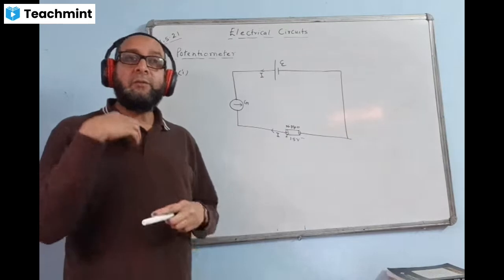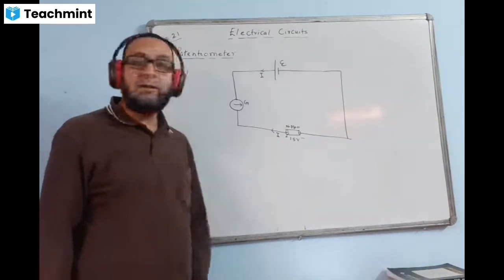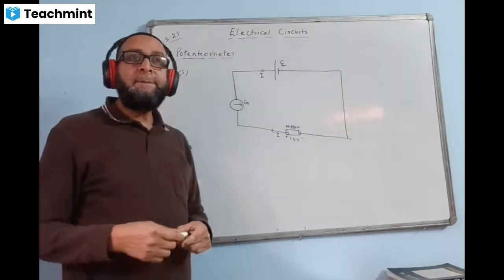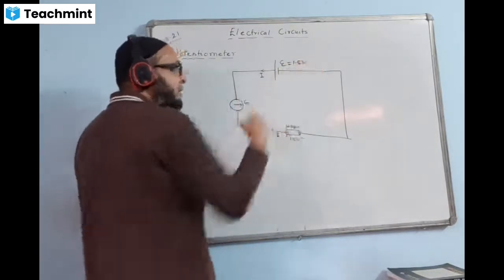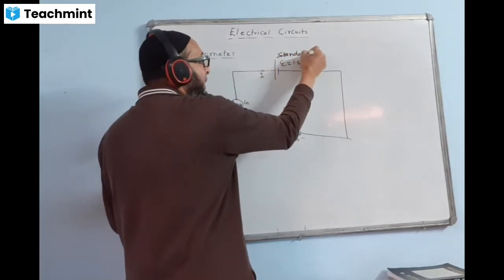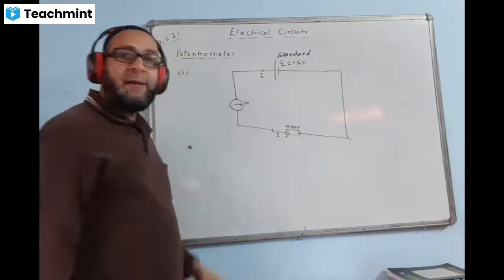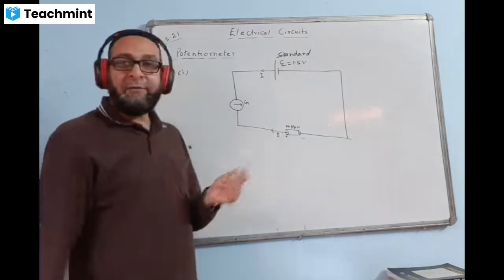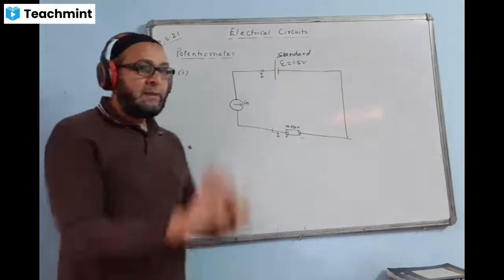So for making the EMF exactly equal to the designated value, they will use this circuit. The company will have a standard cell of 1.5 volts like this. This one is fixed, it is standard. And this is the cell they have manufactured, and they want to check whether its EMF has become exactly 1.5 or not. So they will use this circuit with a galvanometer.